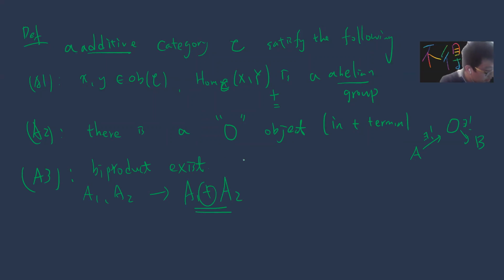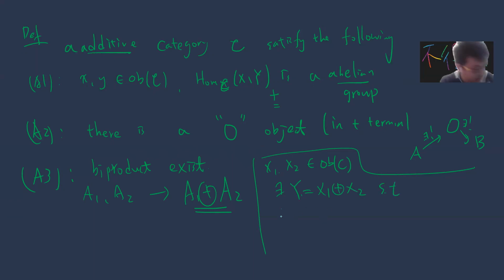To be more precise, let me change the notation and use X and Y. Let's say given X1, X2 objects of the category, there exists Y, denoted X1 direct sum X2, such that there exist P1 from Y to X1, which is a projection, and P2 from Y to X2, and also the injections I1 from X1 to Y, and I2 from X2 to Y.